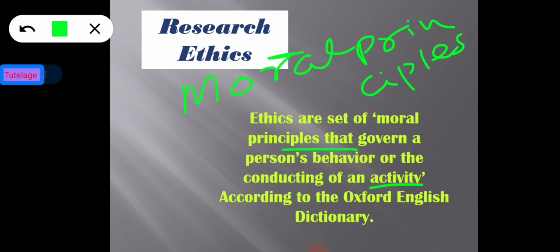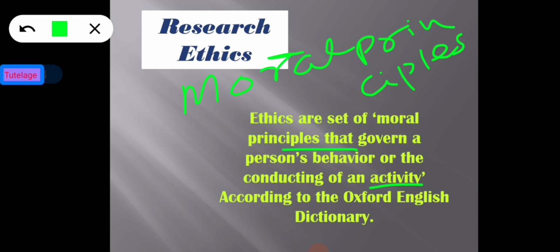Ethics are different from laws, as ethics are more informal and broader than the laws, which are legal rules. Sometimes a legal activity can be unethical, or an illegal activity can be ethical.